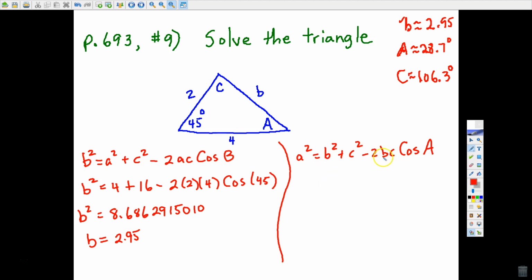I'm going to add 2BC cosine A to both sides, and I'm going to subtract A squared from both sides. It's like I'm going to switch places with these, trying to get A by itself in an equation, because that's essentially what I'm solving for. Okay, so here it is, adding 2BC cosine A and subtracting A squared.